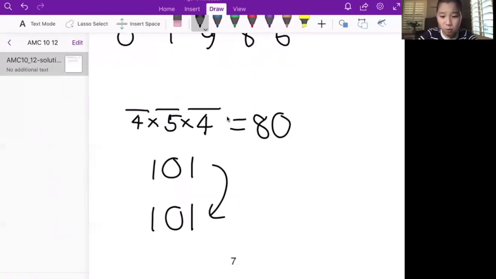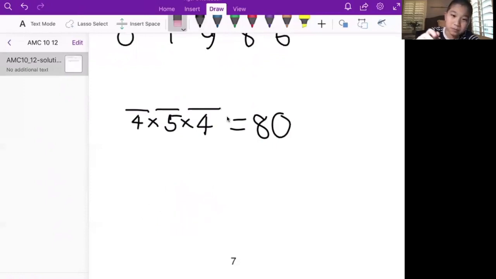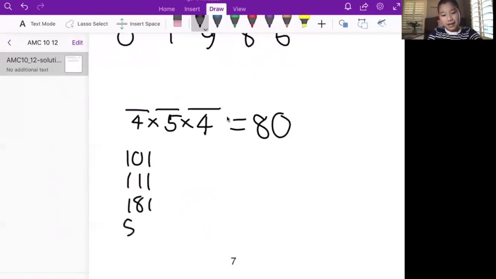It's still 101. That happens with other numbers too. Let's find them all. 101. There's 111. There's 181. And then there is 808, 818, and 888. Those 6.